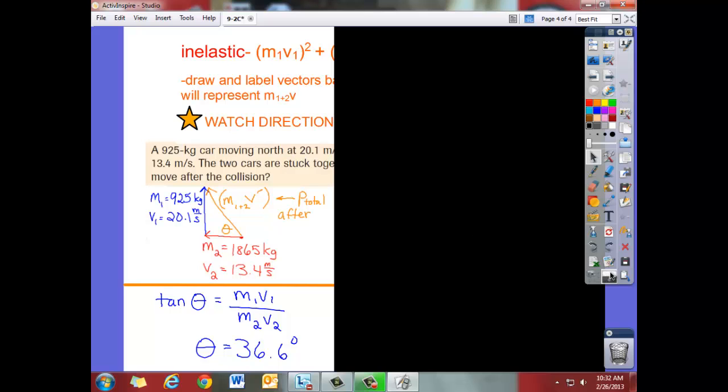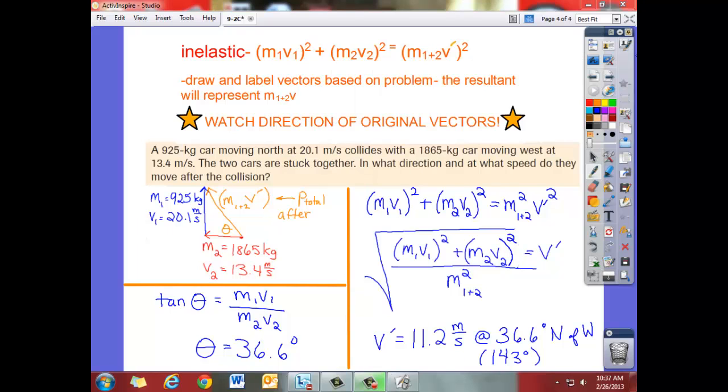In order to find the magnitude, I can then use the Pythagorean theorem. That's all you see at the top of this page is the Pythagorean theorem. A squared plus b squared equals c squared. So I rearrange my equation. First I distributed the squares on the m1 plus m2 v prime so that I could separate them, rearrange it, get my final equation, plug it in.